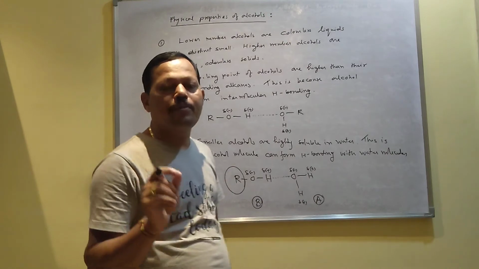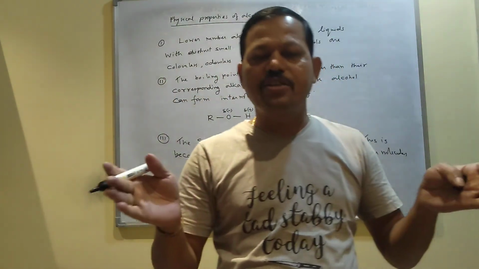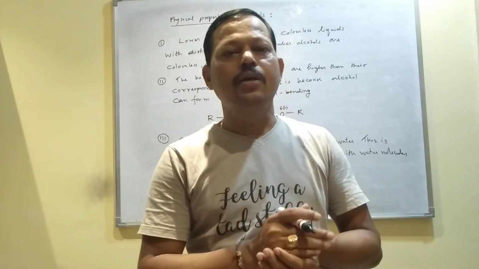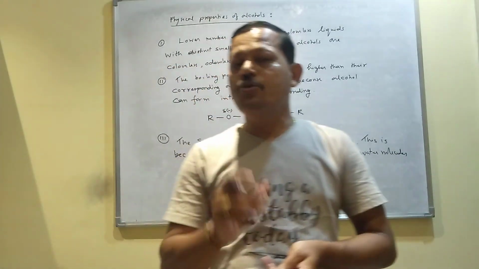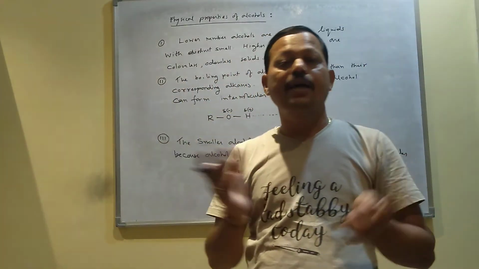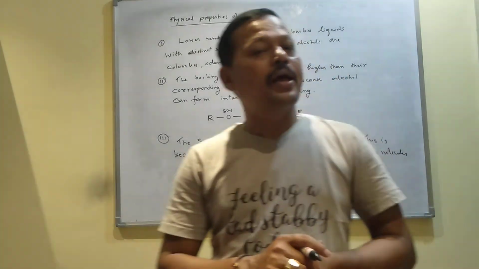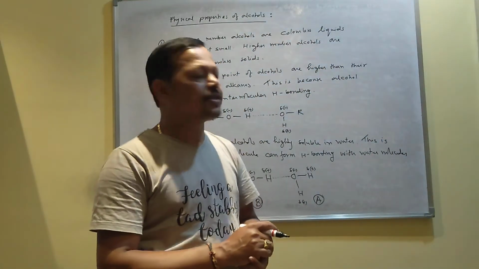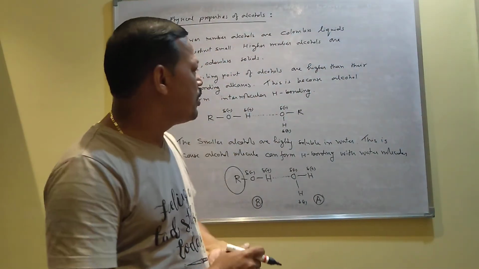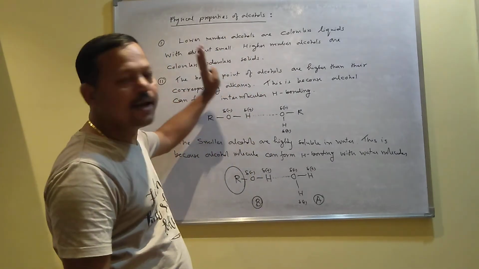So always remember, lower member alcohols are highly soluble in water because they can form intermolecular hydrogen bonding with water, but higher member alcohols, due to presence of large size alkyl group, cannot form the hydrogen bonding with water molecules, and that is why higher member alcohols are insoluble in water. So these are the three main physical properties of alcohols.